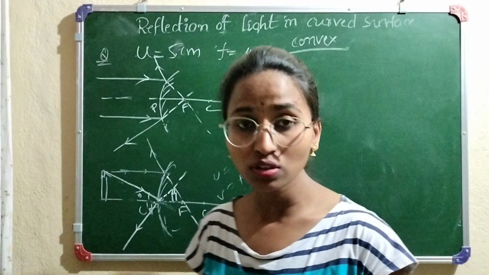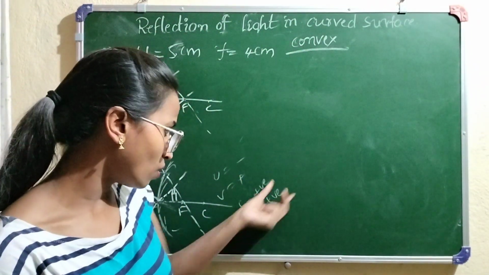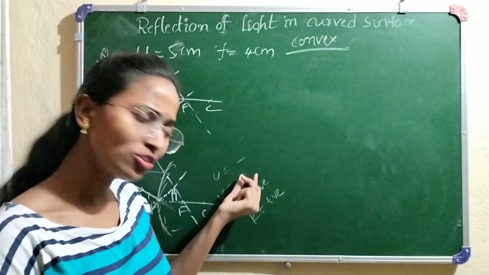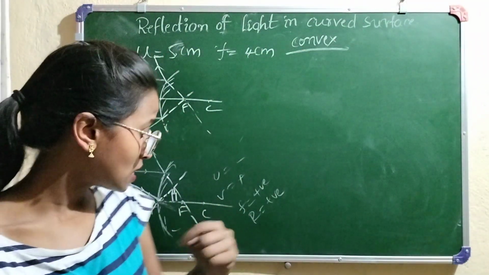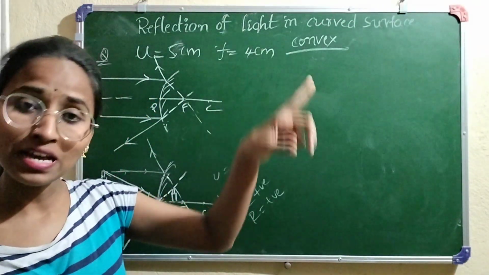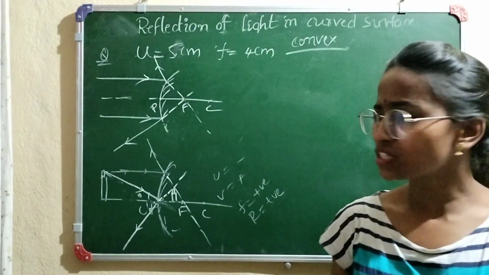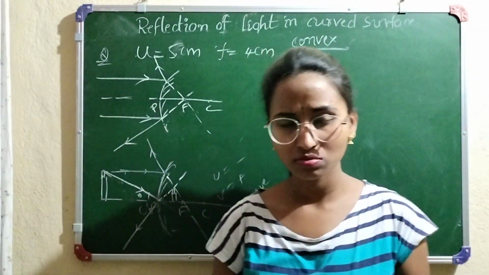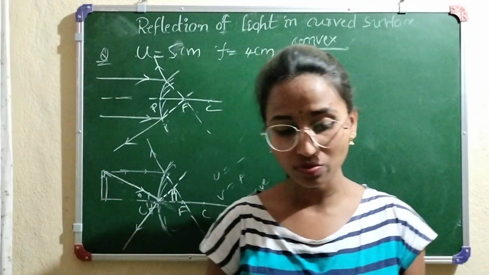But in the case of a concave mirror, u, f, R are all negative. v is also negative from case 1 to 5, which I already explained in the previous case. v is positive only in the last case, whenever it forms a virtual image. Whenever it forms a virtual image, it will compulsorily be a positive value, because it forms in the same direction as the incident ray.